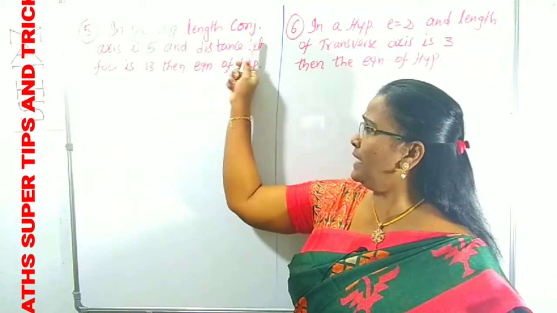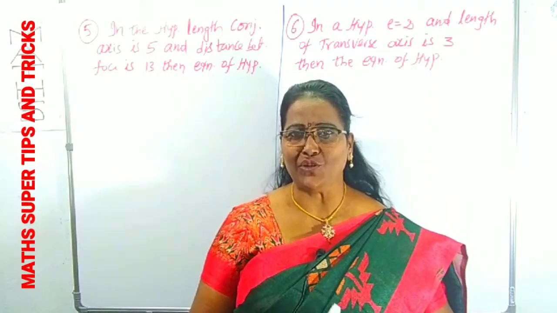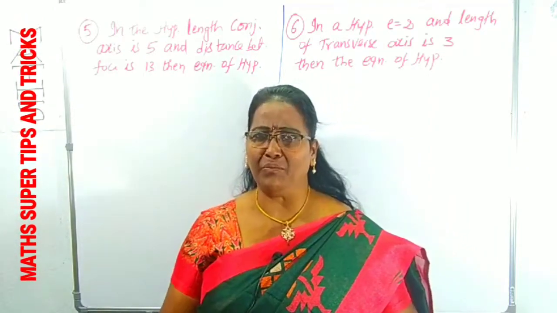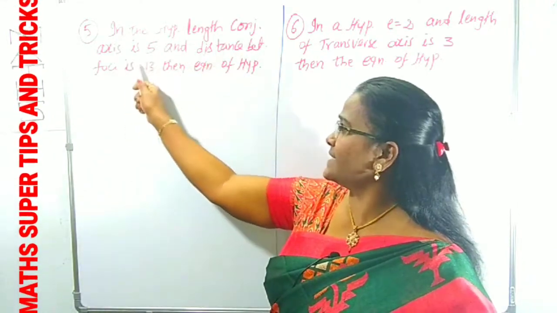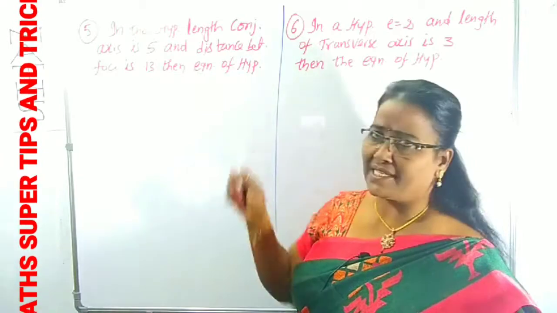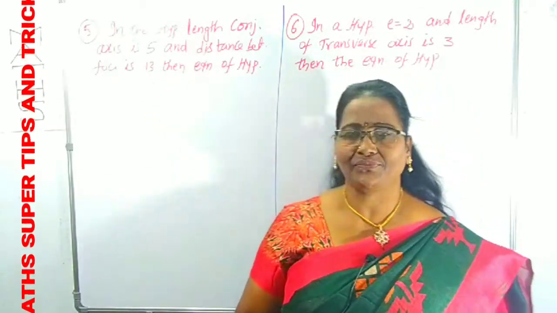In the hyperbola, the length of the conjugate axis is 5. What is given? The length of the conjugate axis is given in a hyperbola, which means it will be a transverse hyperbola. The length of the conjugate axis is given as 5, and the second one, the distance between the foci, is given as 13.